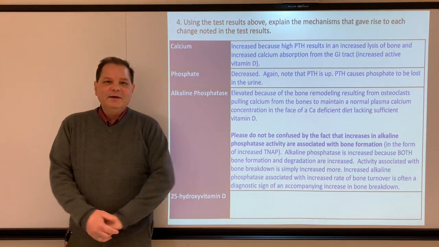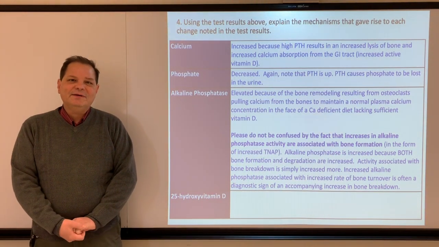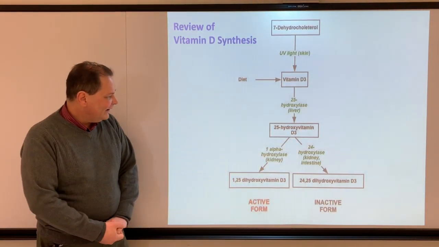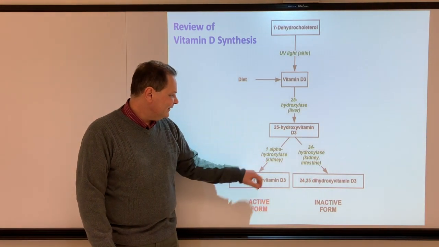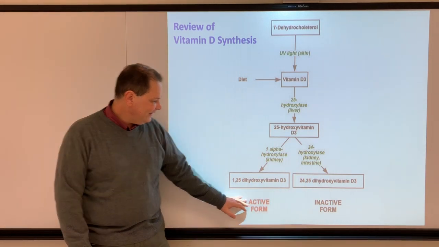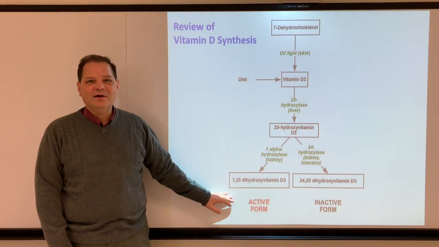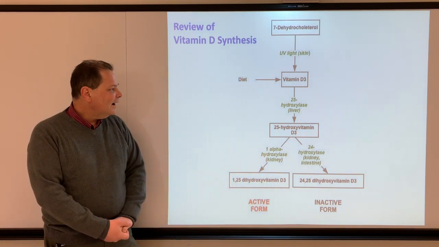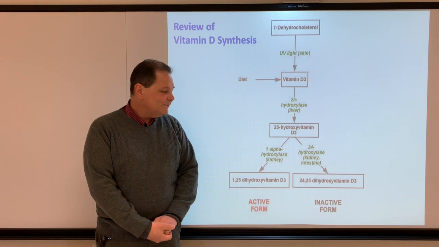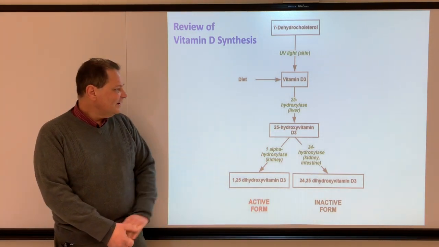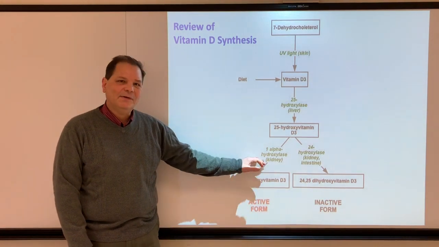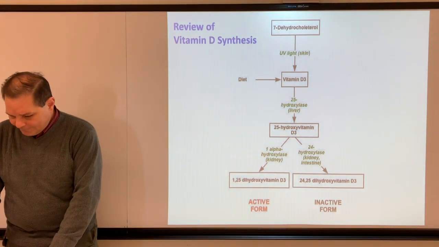25-hydroxy vitamin D. So what would PTH be doing to vitamin D? Well, we know that it stimulates 1-alpha-hydroxylase in the kidney so that you get more conversion of 25-hydroxy vitamin D to the active form, 1,25-dihydroxy vitamin D. And so if you were to guess what the effect of high PTH would be, you would guess that 25-hydroxy would go down and 1,25 would go up because you're stimulating this enzyme, okay?